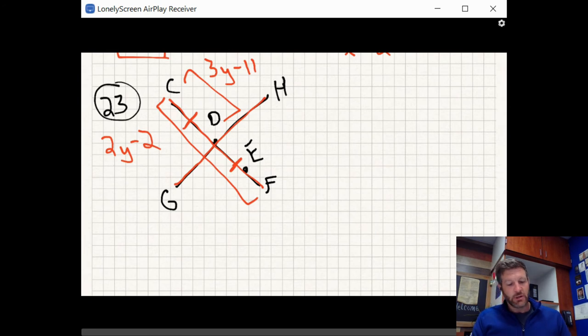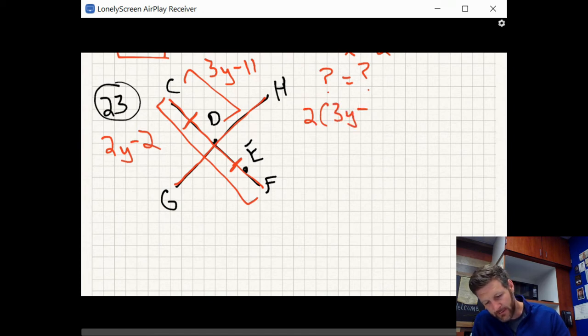The key is, as always, what equals what? In this case, I can see that 3y minus 11 is half of the entire line. So if I multiply 2 times this half, CD, 3y minus 11, that would be equal to the entire length of CF, 2y minus 2.